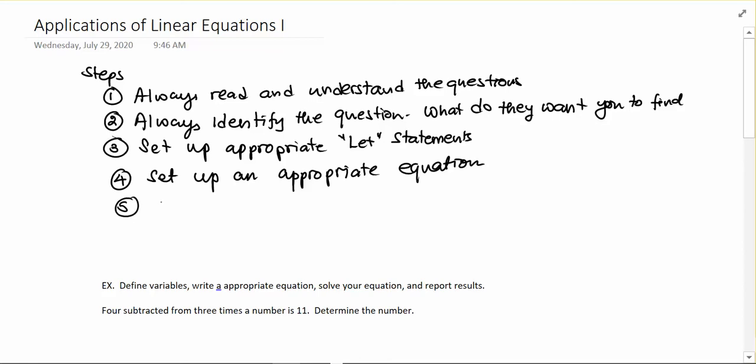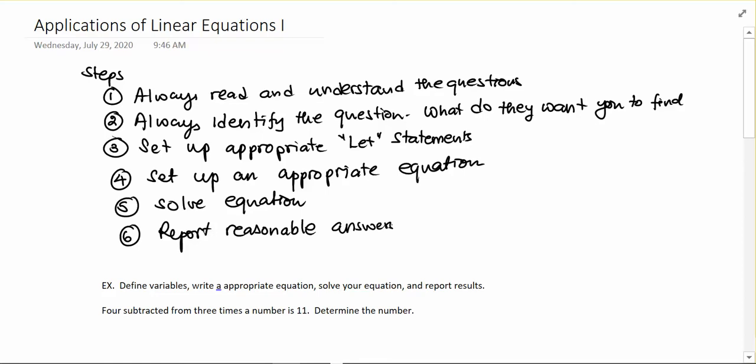You want to solve the equation. And 6, you want to report reasonable answers. And you want to include units when appropriate.